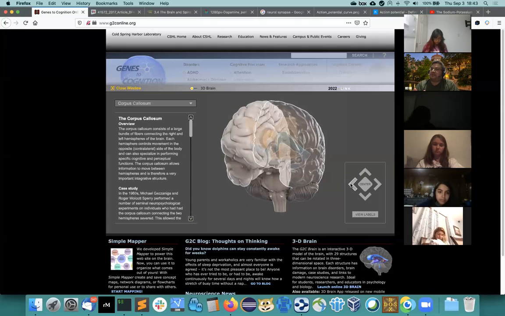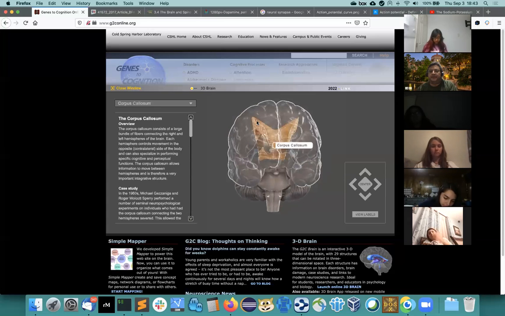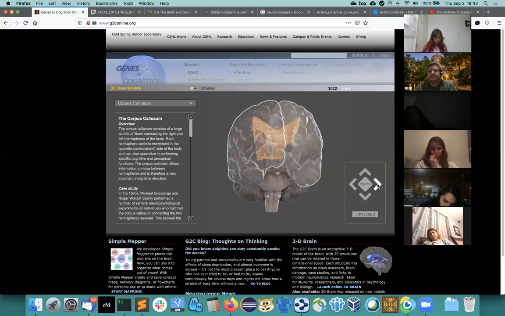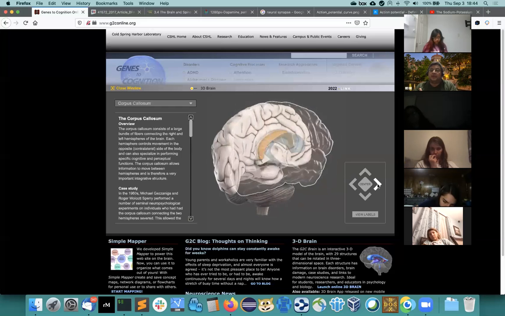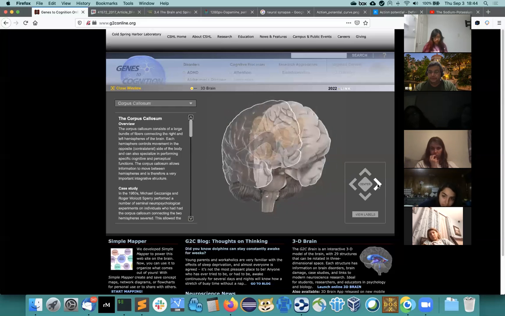They have to talk to each other. And the way they communicate back and forth is through this bundle of cables right here. It's a bundle of axons, millions and millions of axons. And this bundle of axons that exists between the two halves of the brain is called the corpus callosum.